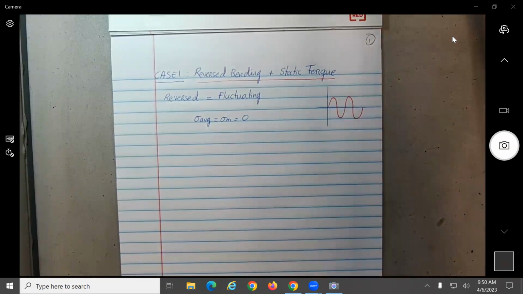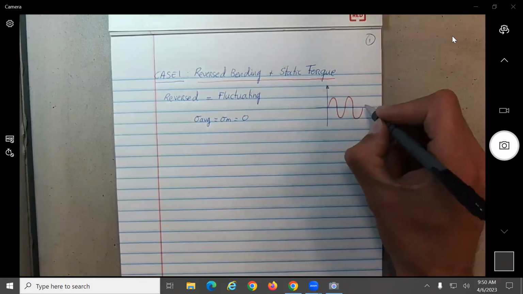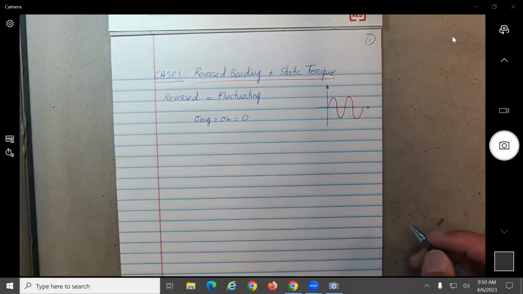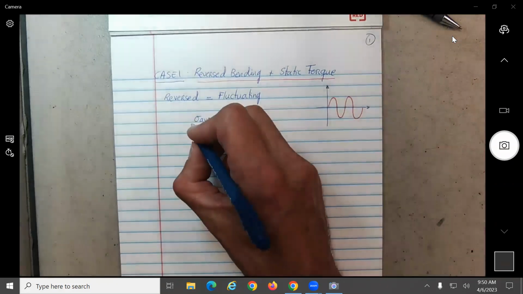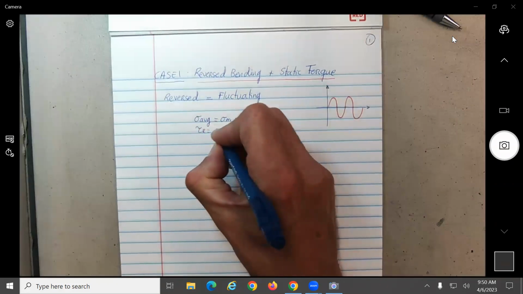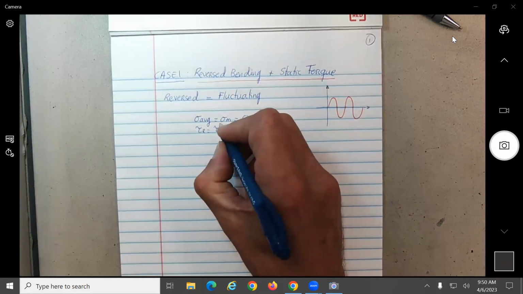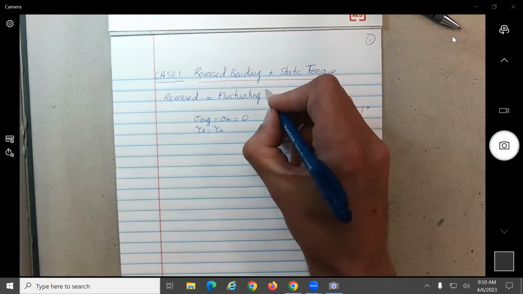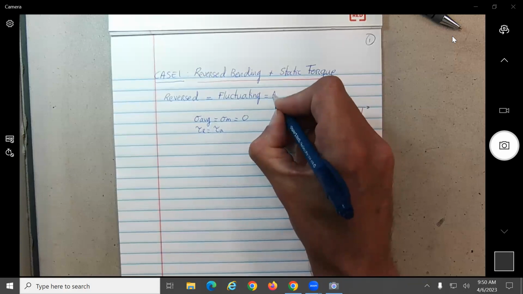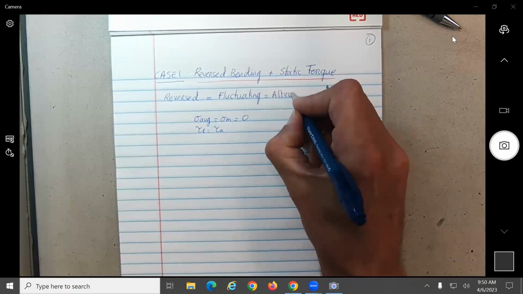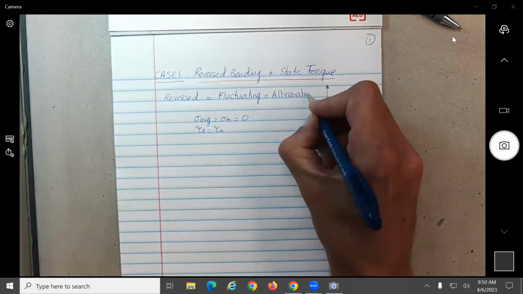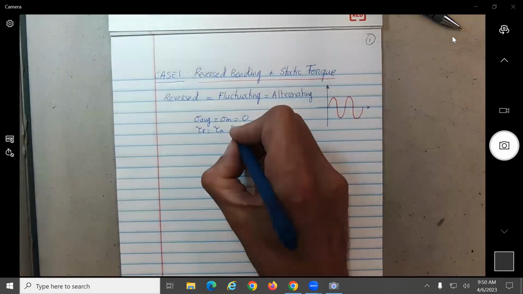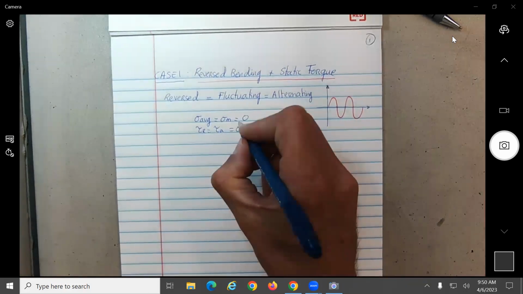There is no medium or mid-range value. And here we're going to assume that the fluctuating shear, or alternating, equal to alternating. Everything is notation, it's not important. And this one will also be equal to 0.